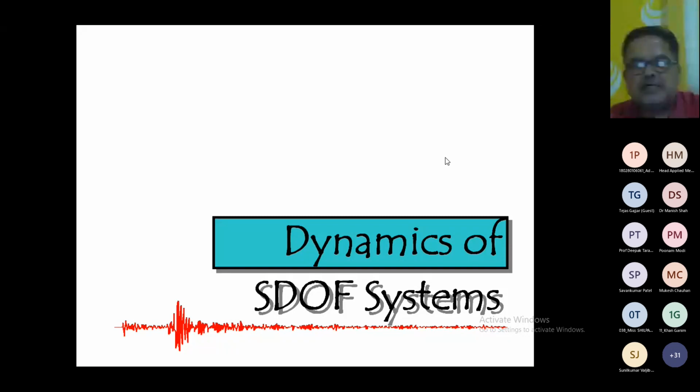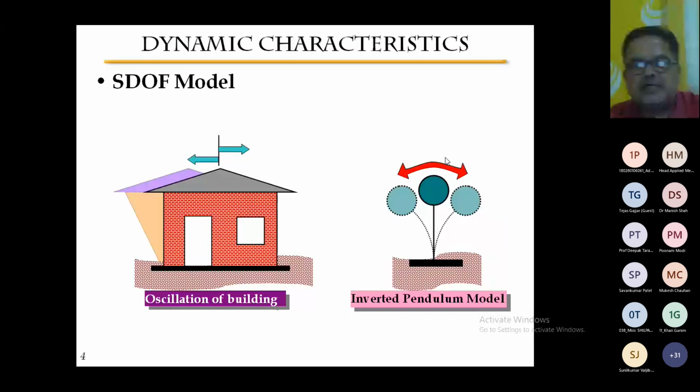We know that if we consider a single story building and it is subjected to earthquake, the earthquake is applying the displacement at the foundation level. Now, when the displacements are applied at the foundation level, at that moment, this building will experience inertia.